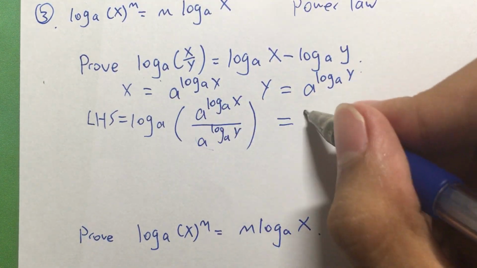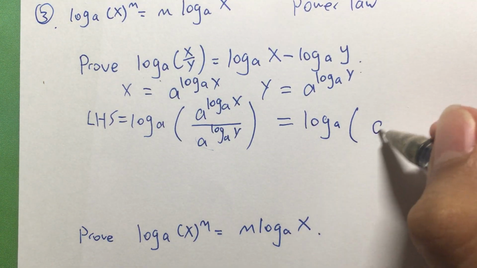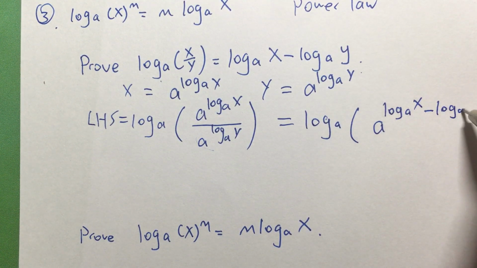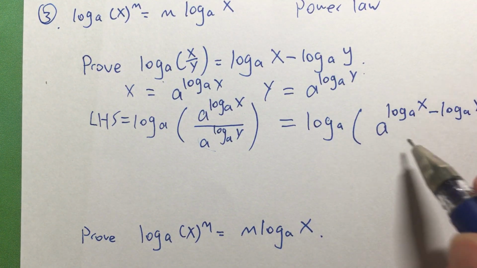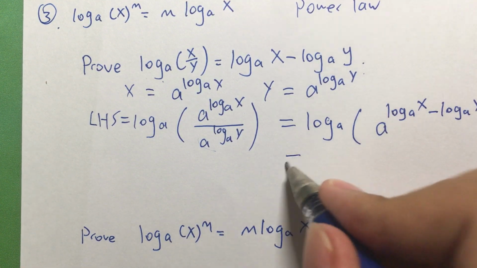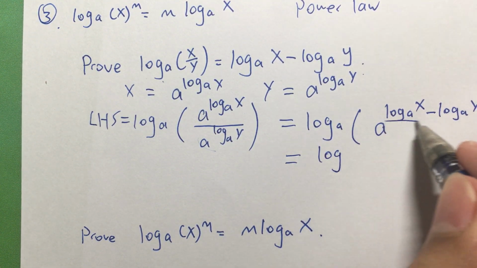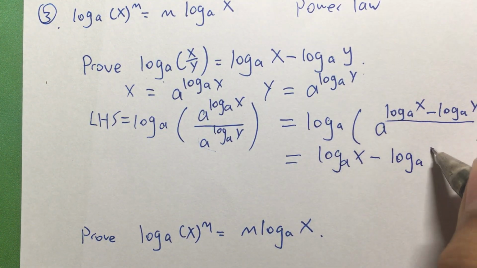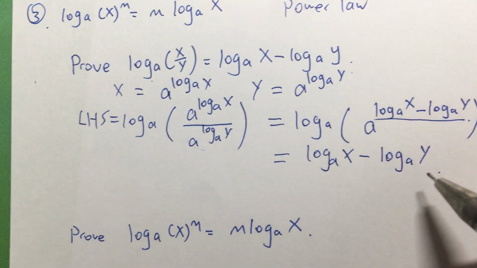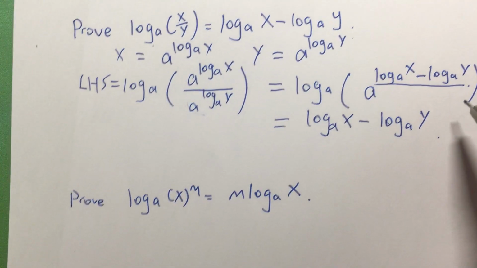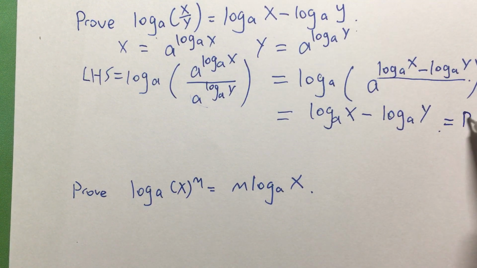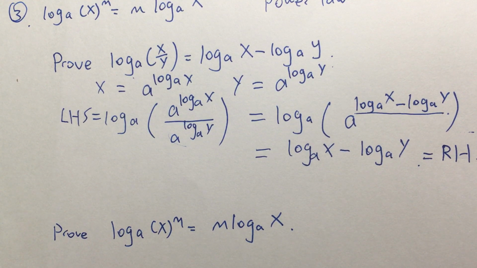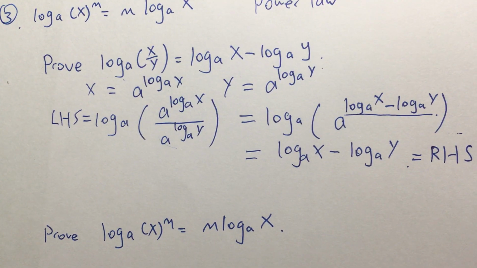And we know this equals log_a of a to the power of (log_a x minus log_a y). And this will equal log_a x minus log_a y, from the lemma we also did yesterday. And this equals the right hand side. Okay, so this is the proof for the division law. It's not that difficult, right?